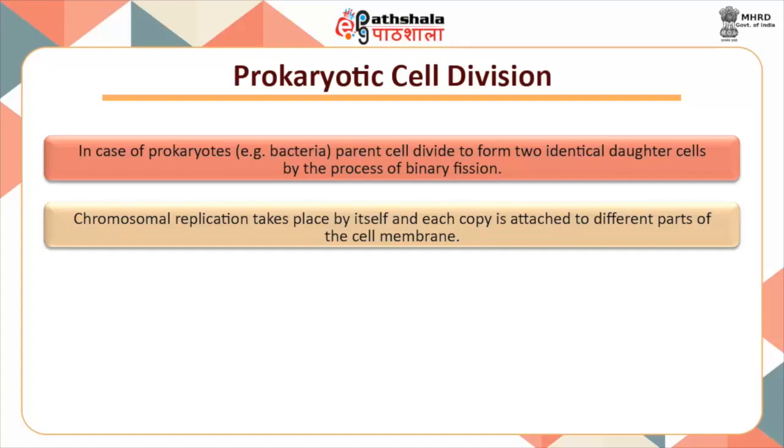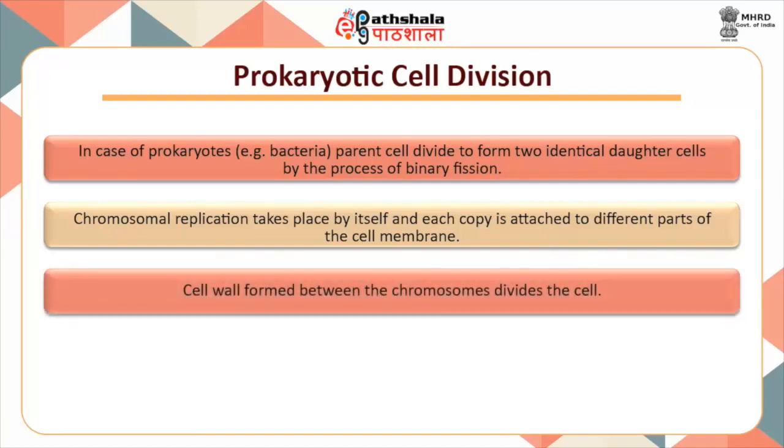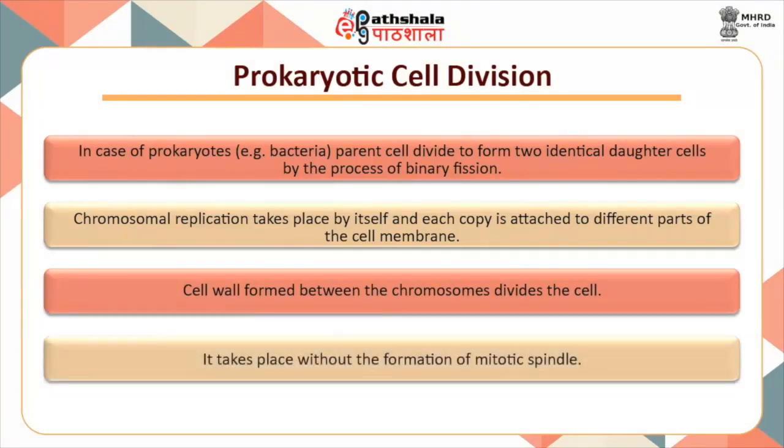Then, gradually, the cell begins to pull apart, involving cross-wall formation. And finally, the cell splits, leading to cytokinesis. As a result of prokaryotic cell division, two genetically identical cells are formed, except for rare chances of spontaneous mutation.